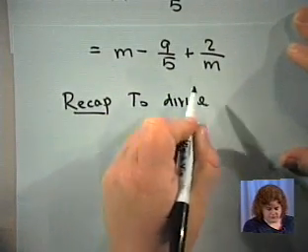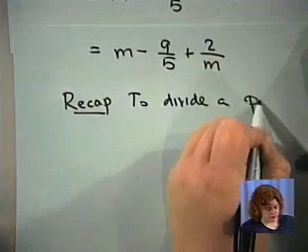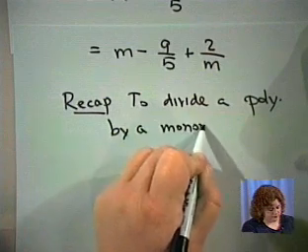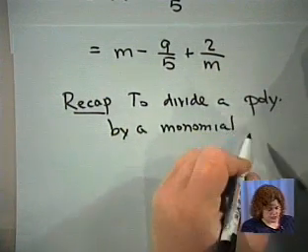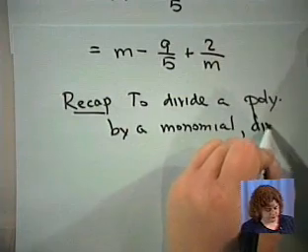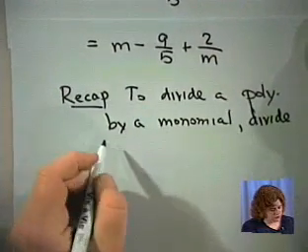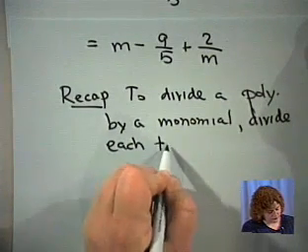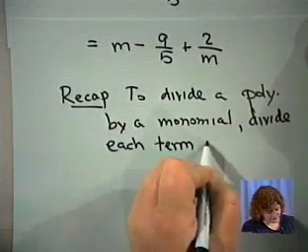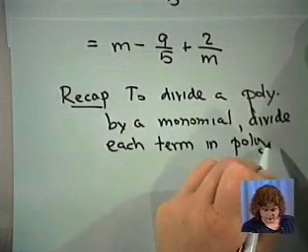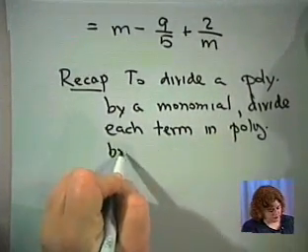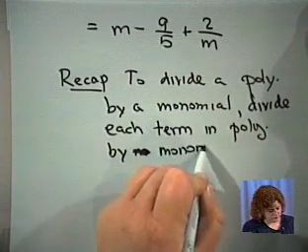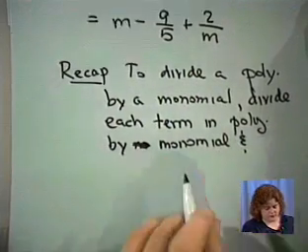To divide a polynomial by a monomial, you are going to divide each term in the polynomial, that was the numerator in our problems, by the monomial, and then simplify.